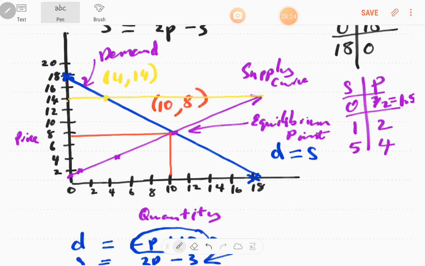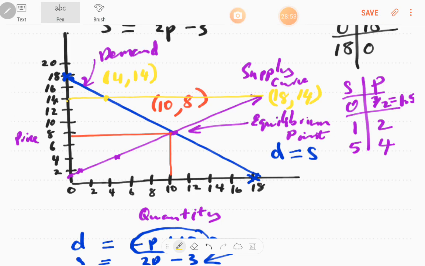On the other hand, roughly 18 would be supplied at a price of 14. So a lot more will be supplied, 18 supplied while the demand is only at 4.